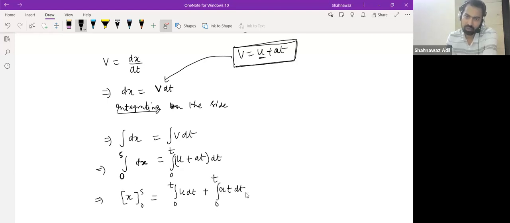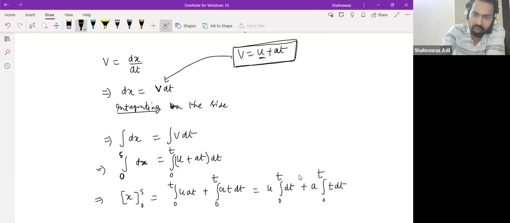Okay. So let us solve this integration. u is constant, u is taken outside, and this is 0 to t dt, plus a is taken outside and integration of t dt 0 to t.